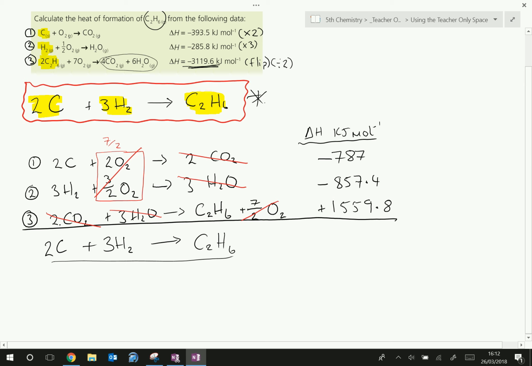So once that matches, you know you've done everything right so far, and all you need to do is add up your adjusted delta H values. So minus 787, minus 857.4, and plus 1559.8 tells us that the heat of formation of ethane is equal to minus 84.6 kilojoules per mole.